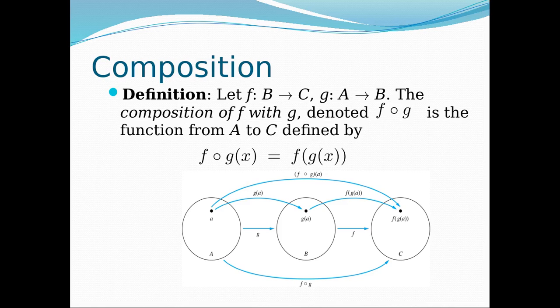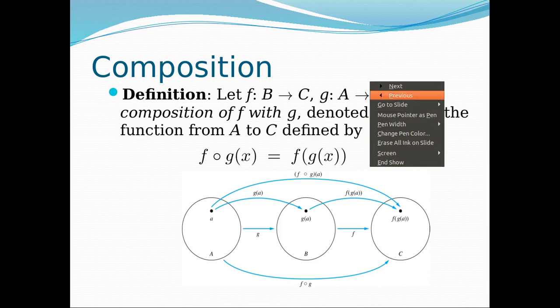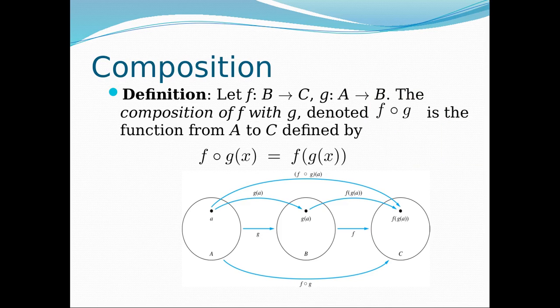For example, if you have two functions, f is a function between set B and C, and g is a function between A and B. So here is the g function and here is the f function.